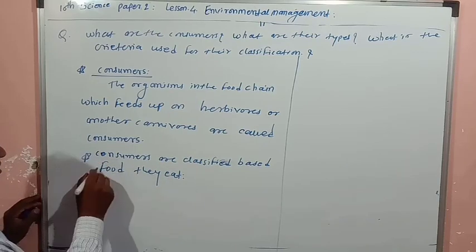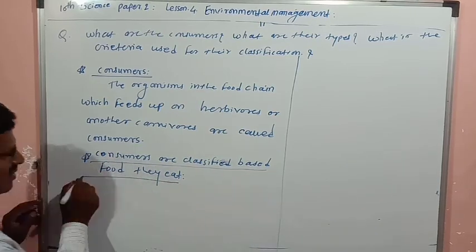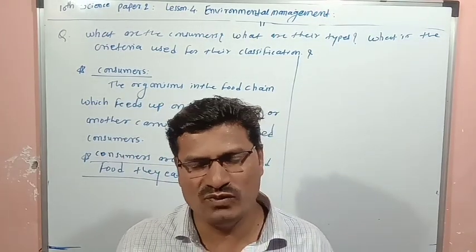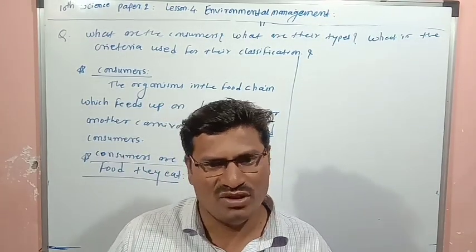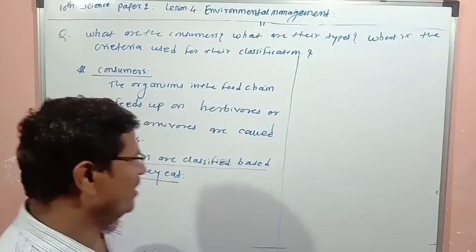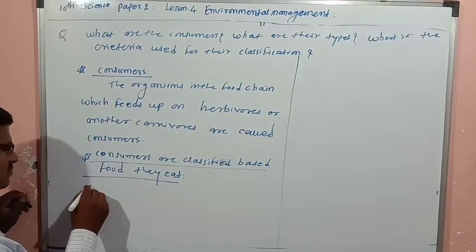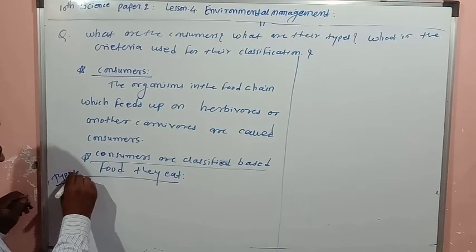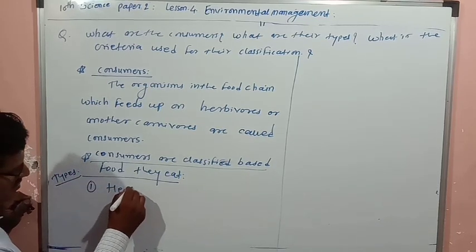What is the criteria for classifying the consumers? The criteria is which food they are eating. Based on that, consumers are classified, and in that, types are there. The first one in the types is herbivores.